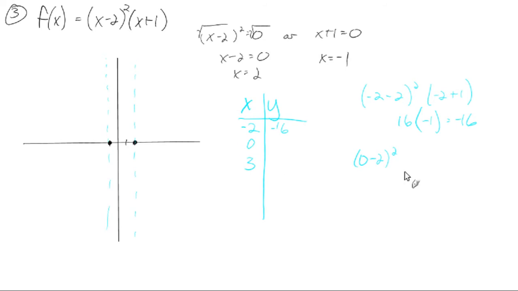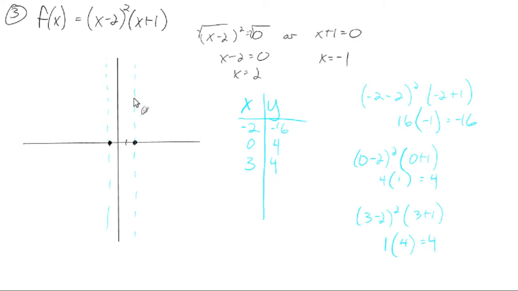We're putting in a 0 now. 0 plus 1. So we have negative 2 squared, that's 4. We're going to multiply that by 1, so we get 4. And now let's put a 3 in there. 3 minus 2 squared times 3 plus 1. So 3 minus 2 is 1. 1 squared is 1. We're going to multiply that by 3 plus 1, which is 4. So we get 4 again.